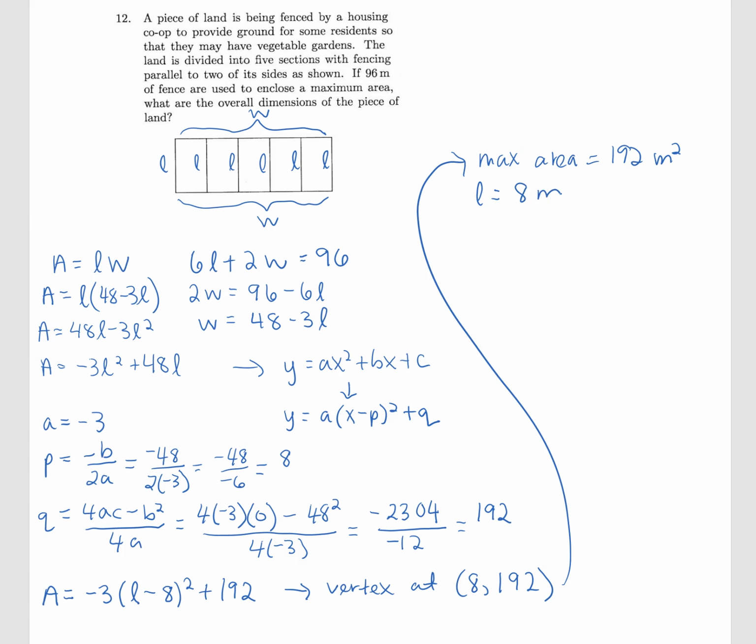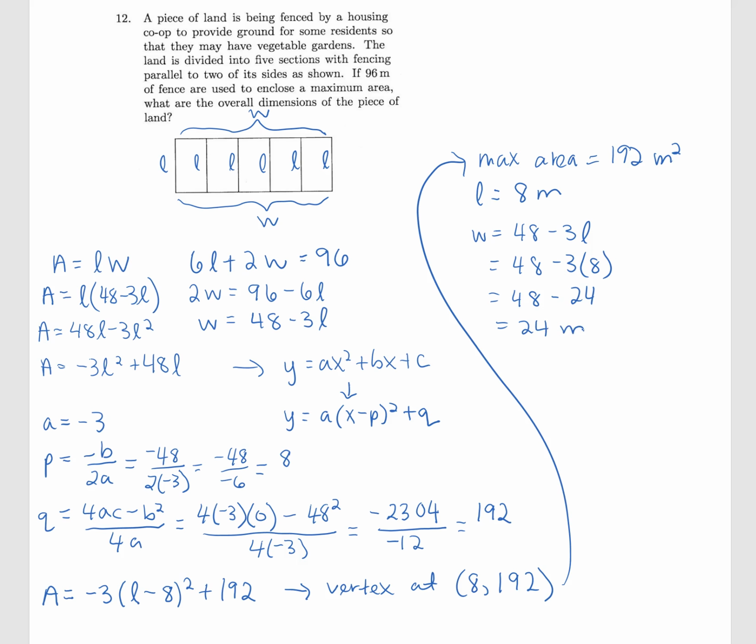And then to figure out W, it's just a matter of plugging in this value for L in either this term here. So we can do that by saying W is equal to 48 minus 3L, and plug in 8 for L. That gives us 48 minus 24, which is equal to 24. So value for W is 24 meters.